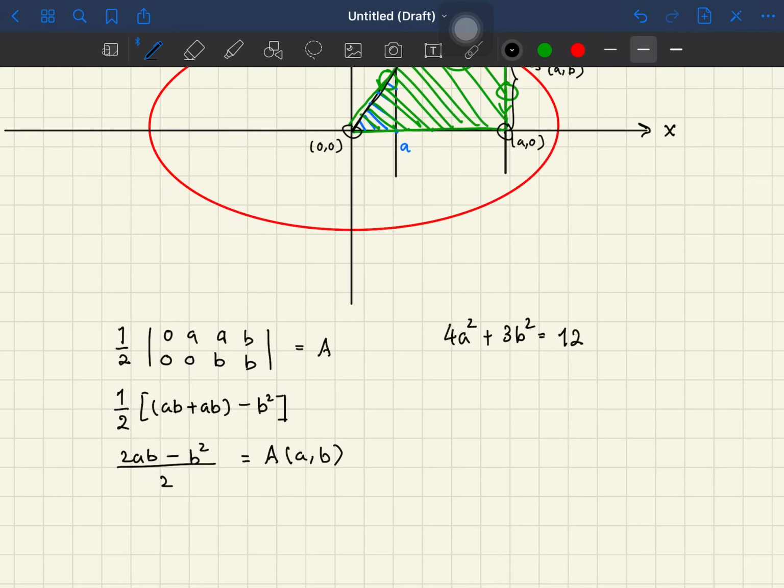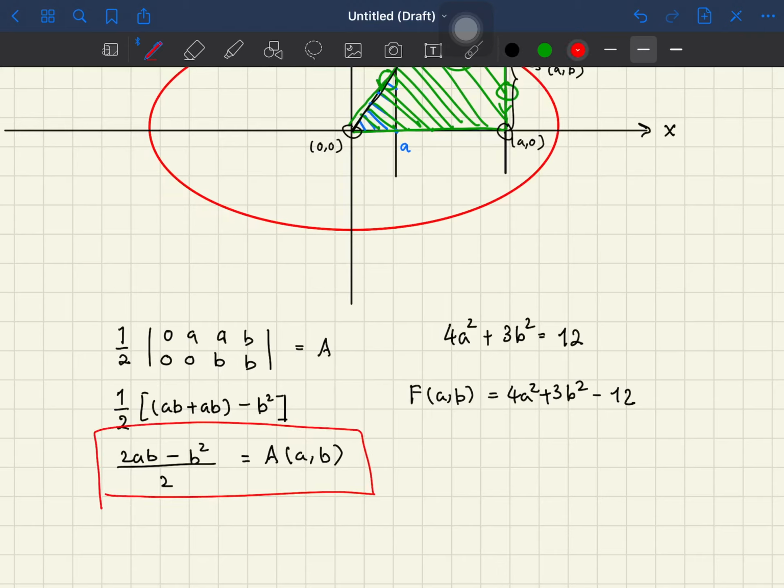And then we have our second constraint. So we can just create a constraint by having this difference between these two functions. So we can create this second constraint, namely f(a,b) equals to 4a squared plus 3b squared minus 12. And you have two functions, first and second.